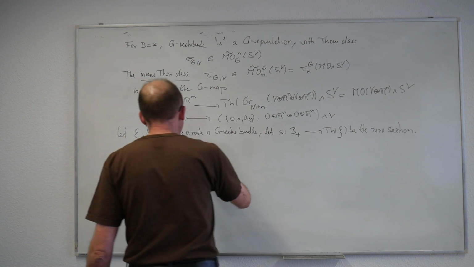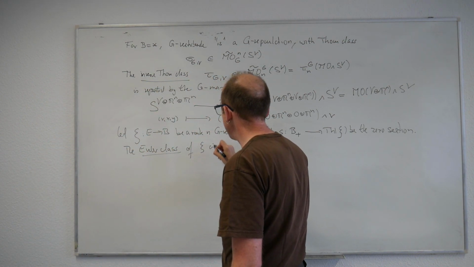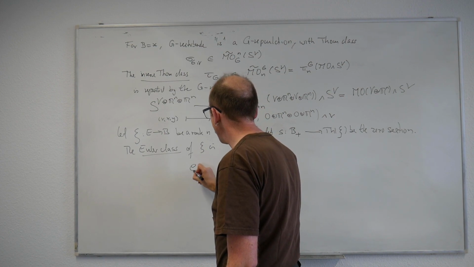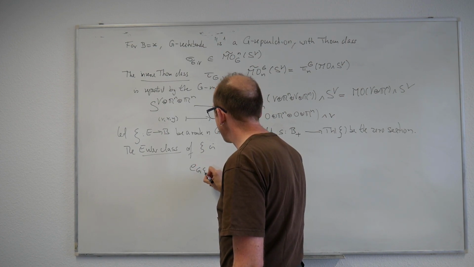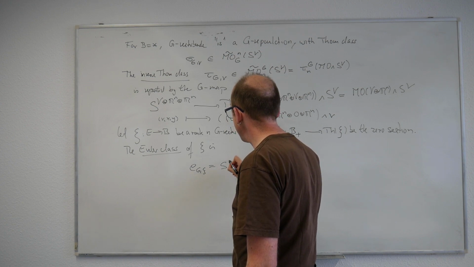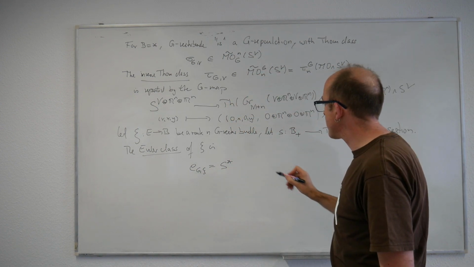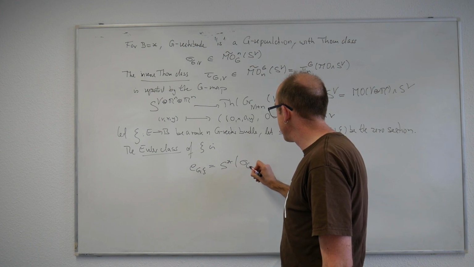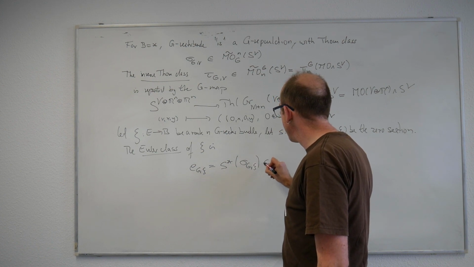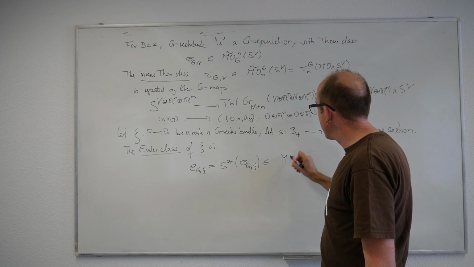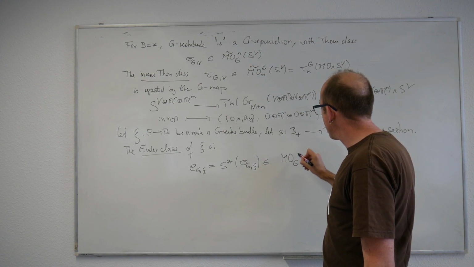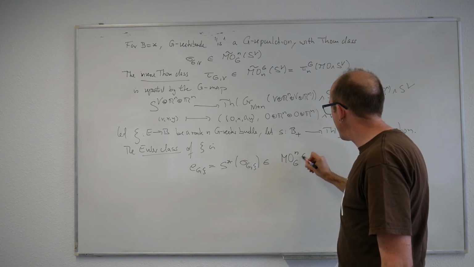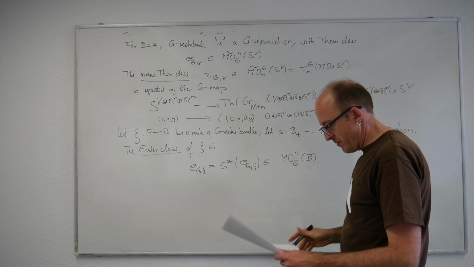So the Euler class of xi is the following. For this I will write e_G(xi), and it's just s^*, so we're using the contravariant functoriality in cohomology applied to the Thom class, sigma_GV, and this will lie in the MO-cohomology group in dimension n, now unreduced, of the base.